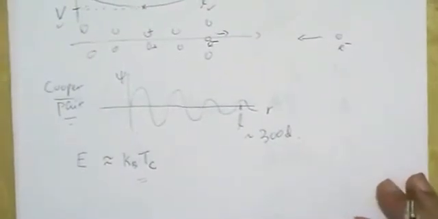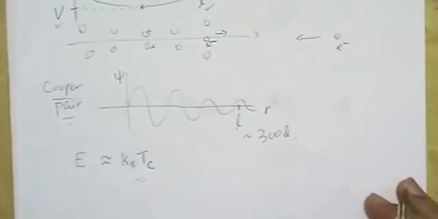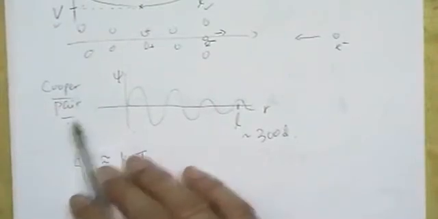Suppose. We have not actually explained that part yet. Then if the temperature is too high, that would break up the attraction, break up the Cooper pair, and then it would stop being superconducting.